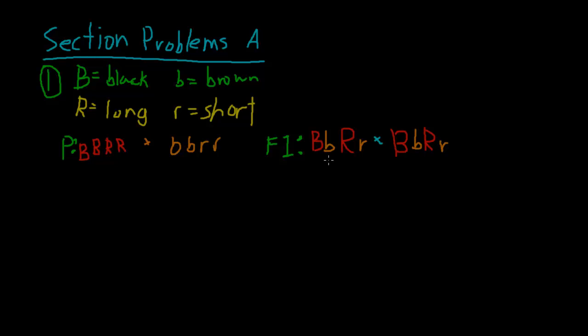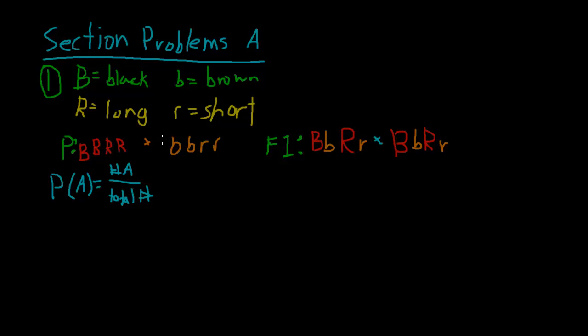Okay, so now we're at the last sentence of the question. In the F2 generation, what proportion of the rabbits with long black fur will be homozygous for both genes? So to solve this problem, I'm going to first bring back the important equation. The probability of some event happening is the number of outcomes in which it happens divided by the total possible outcomes.